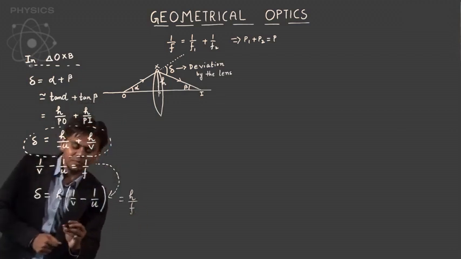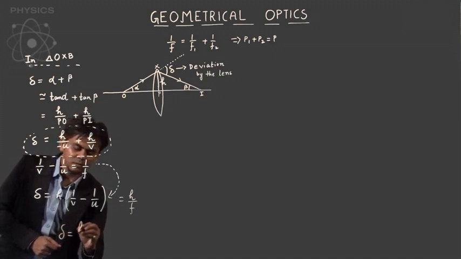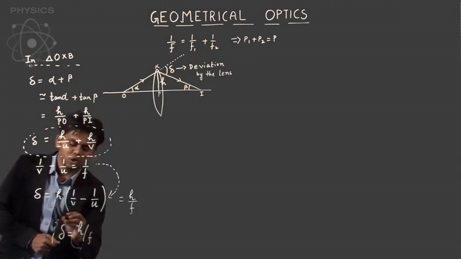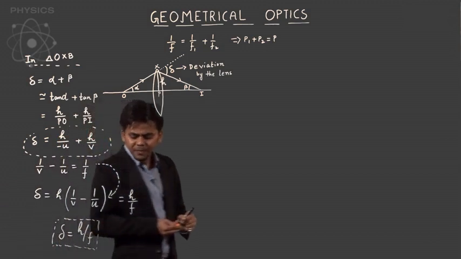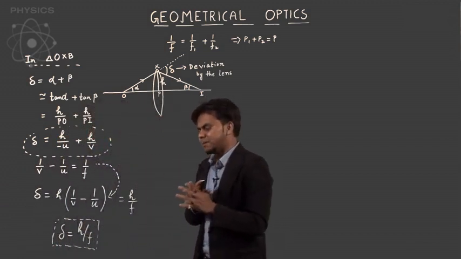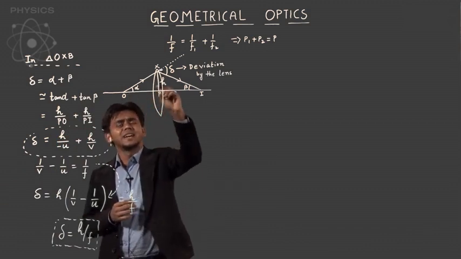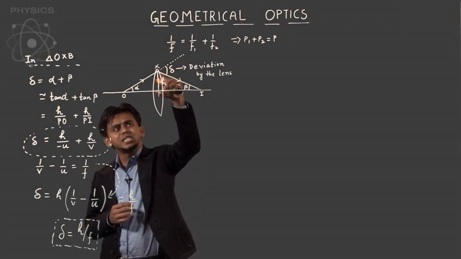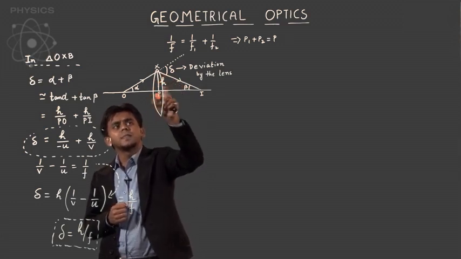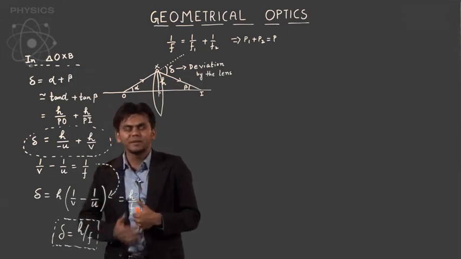So delta comes out to be H upon F. So remember this, deviation produced by a lens is dependent on where exactly that ray is hitting the lens, that H corresponding to that point, upon the focal length of the lens, H upon F.